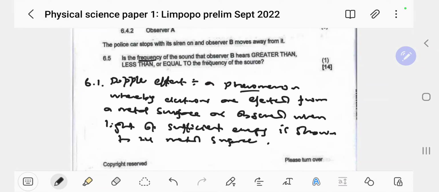Remember, frequency of the sound that B hears. B is moving away, so they will hear less. Okay, it is going to be less than. So we've sorted that one. So it can't be equal to, it can't be greater than, because B is now moving away. So it's going to be less than.